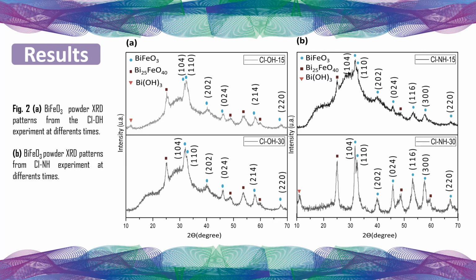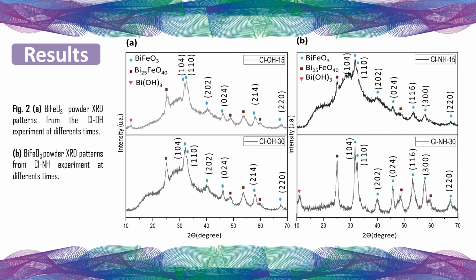These observed peaks are assigned to planes 104, 110, 202, 024, 214, and 220, which are characteristic of bismuth ferrite.